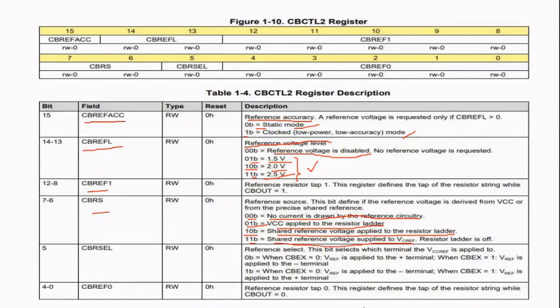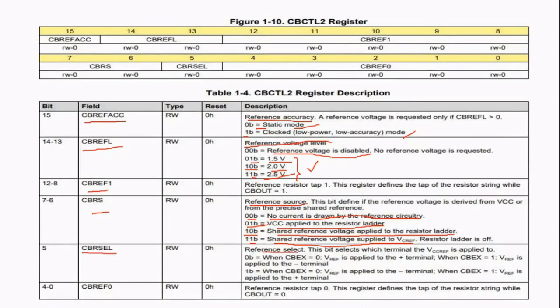See that in the block diagram, the reference generator block is connected with the shared reference value, but this is open, so this is connected to the ladder circuits. So the ladder circuits will depend upon the reference source you want to use. In the same way you can read CBRSEL.